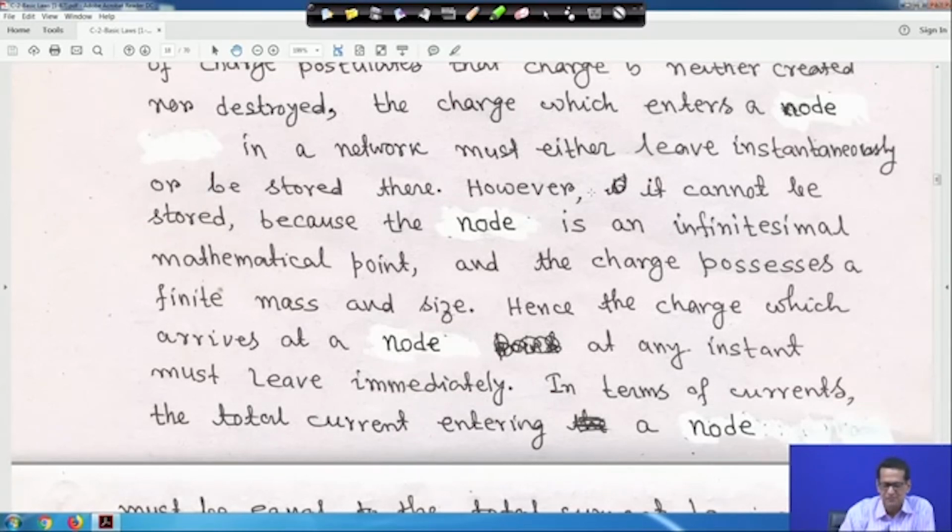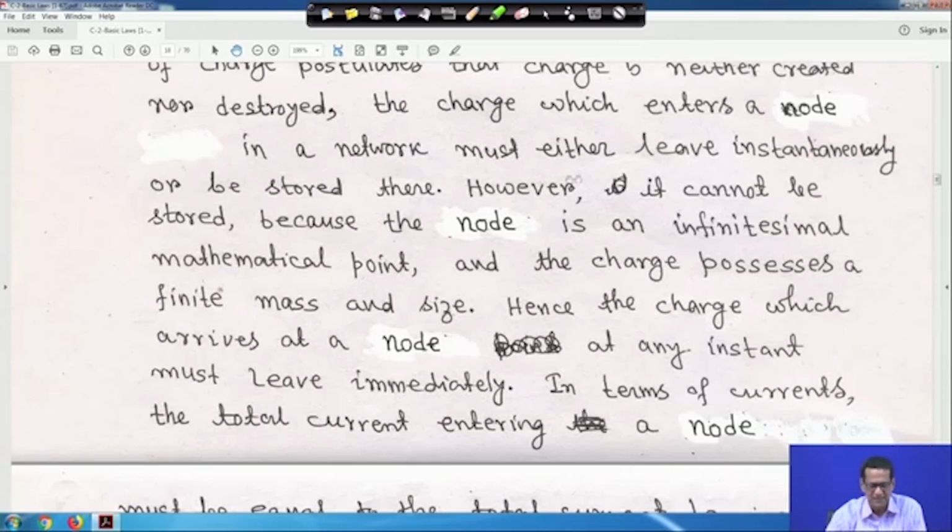Hence the charge which arrives at a node at any instant must leave immediately, because the node is a mathematical point, an infinitesimally small point. And charge possesses finite mass and size, so the charge which arrives at any node at any instant must leave immediately.